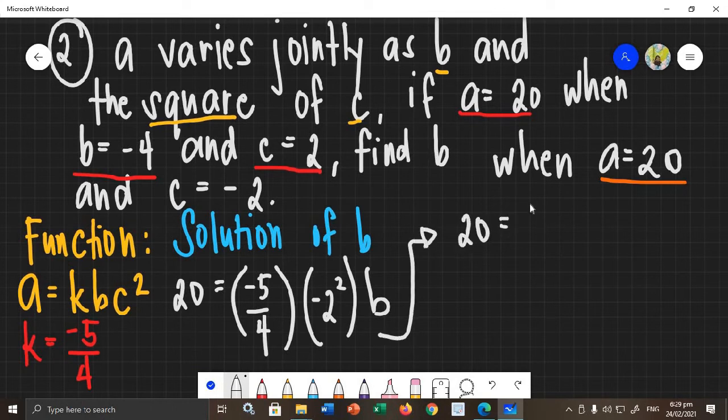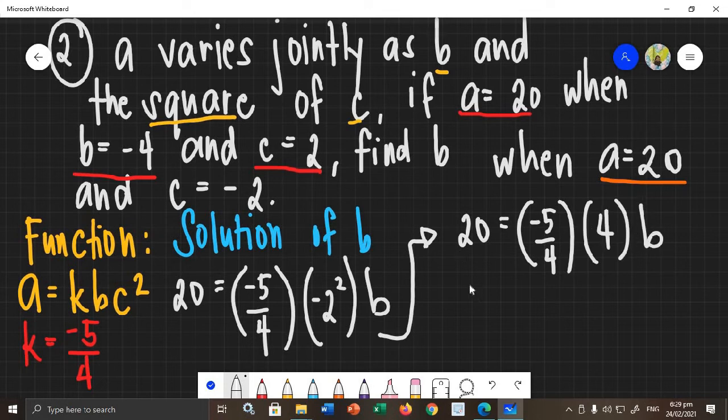So, we have 20 is equal to negative 5 over 4. And then, simplify natin yung may exponent negative 2 squared is equal to 4. Okay, which is positive. Then, we have b. And then, 20 is equal to negative 5 over 4 times 4. That will be equal to negative 5.